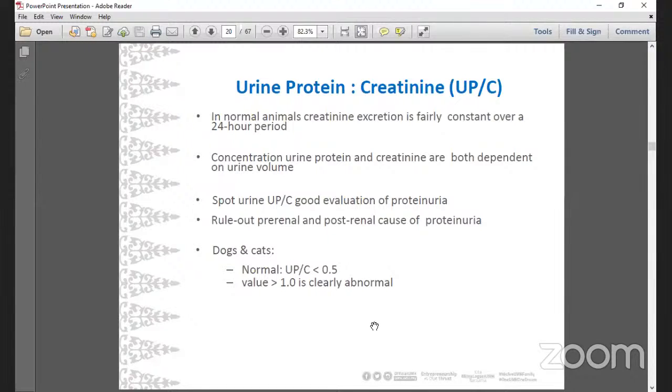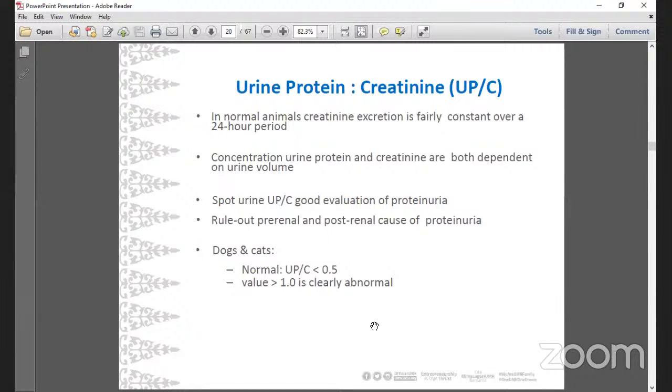Okay, next one is the urine protein creatinine ratio. We also call it the UPC ratio. The UPC is a test to measure how much protein is lost through the kidney, and it can correlate with morbidity.